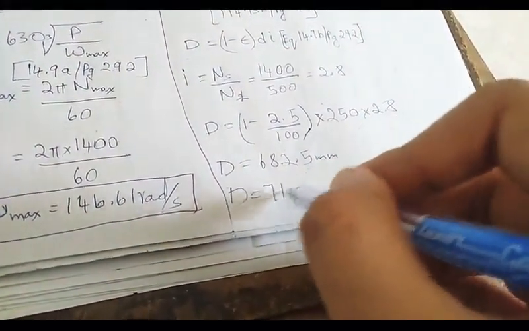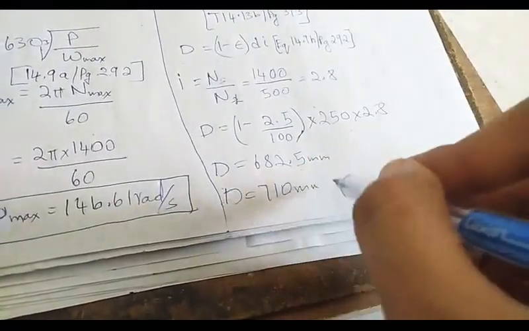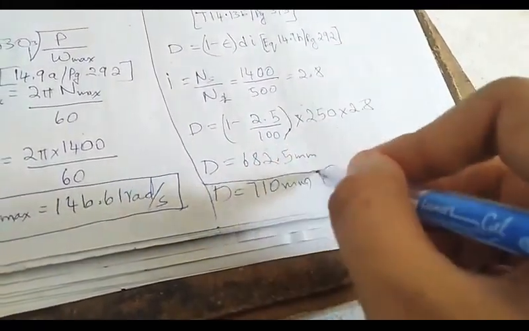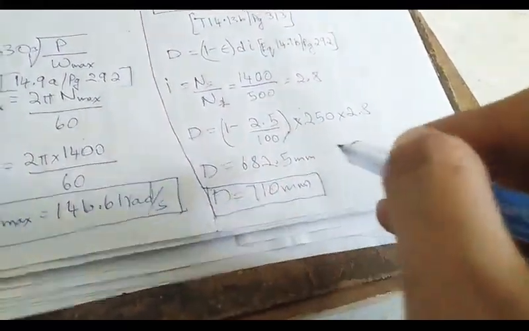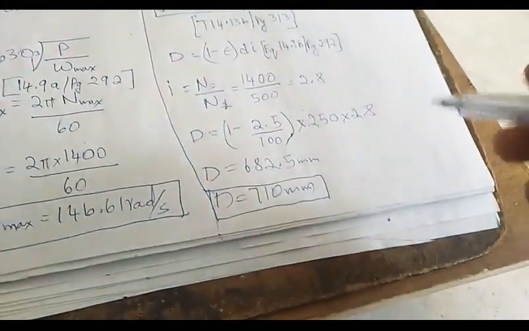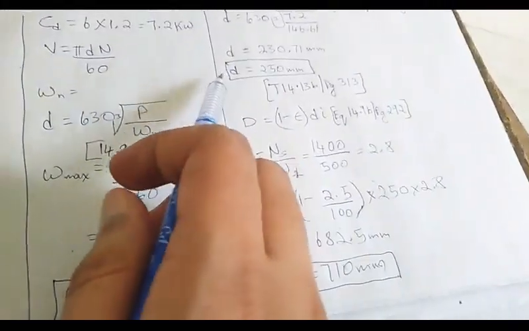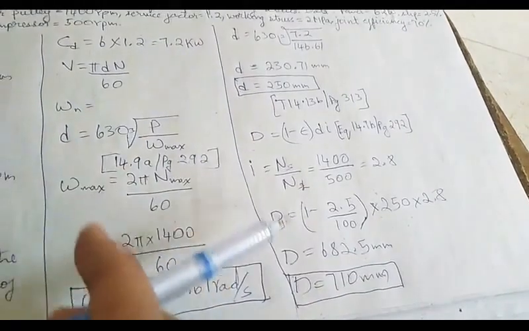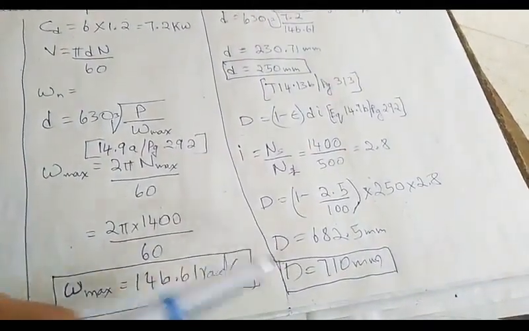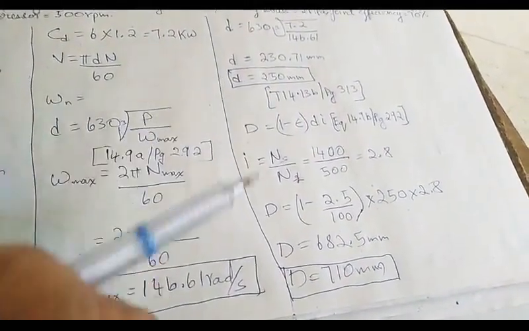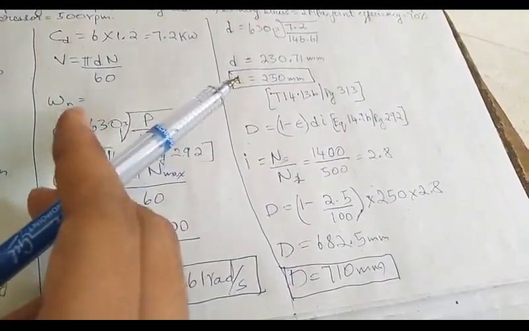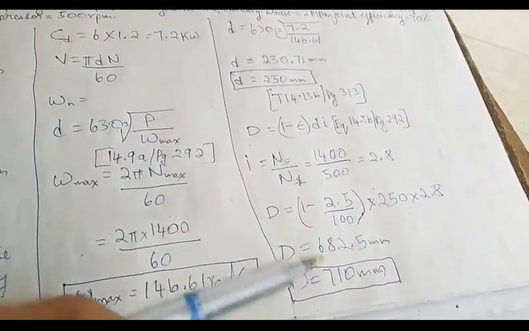D is equal to 710 mm, the standard diameter. So we have found both the smaller and bigger diameters, that is, the diameters of the driver and driven.